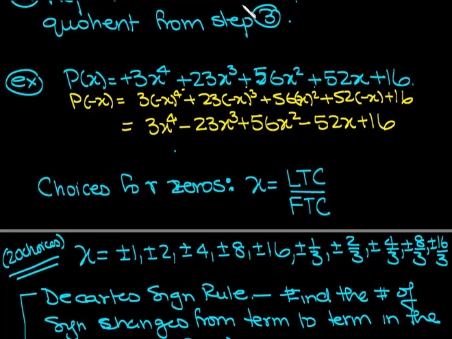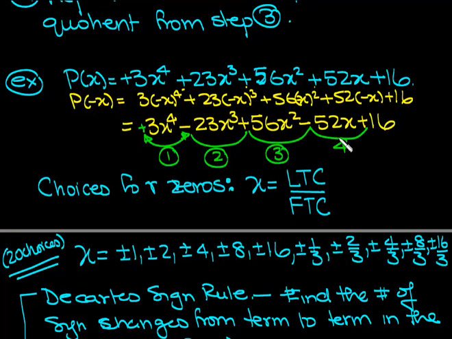So how many times does the sign change in this problem? If you notice, we start with a positive here, we go to negative, so there's one sign change. We're looking for sign changes from term to term. From here we go from negative to positive, so that's 2 sign changes. From positive to negative, 3 sign changes. And from negative to positive, 4 sign changes. So there's 4 sign changes.